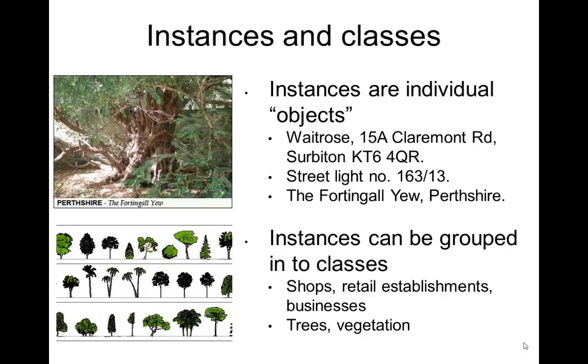The Fortingall Yew might be a member of the class trees or a member of the class vegetation, depending on how we want to define our classes, and we'll talk about that in a minute. So the fundamental thing here is instances are individual, particular things in the real world, and we can group these into various classes.